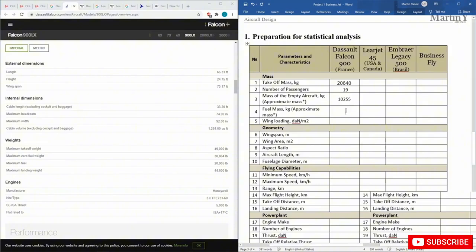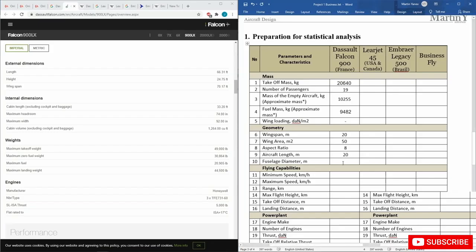Then the fuel mass is 9,482, and I couldn't find information for the wing loading, so we're going to leave this empty. Then the wingspan of this aircraft is 20 meters. The wing area is 50 square meters. The aspect ratio of the wing is 8. The aircraft length is 2.5 meters.